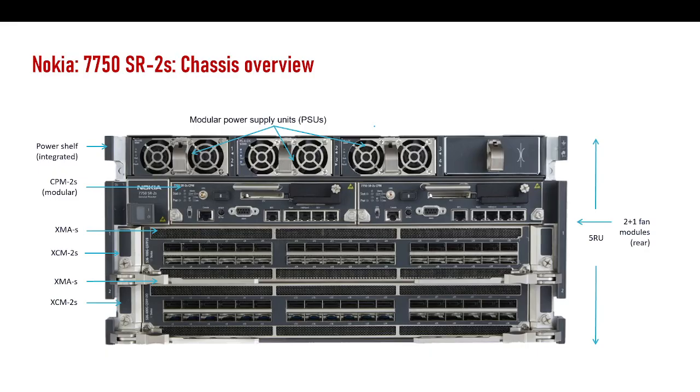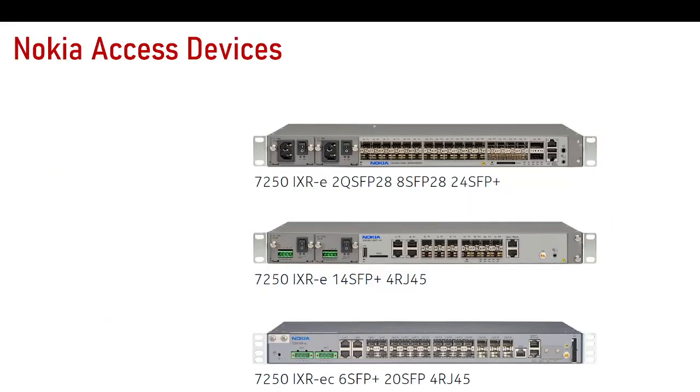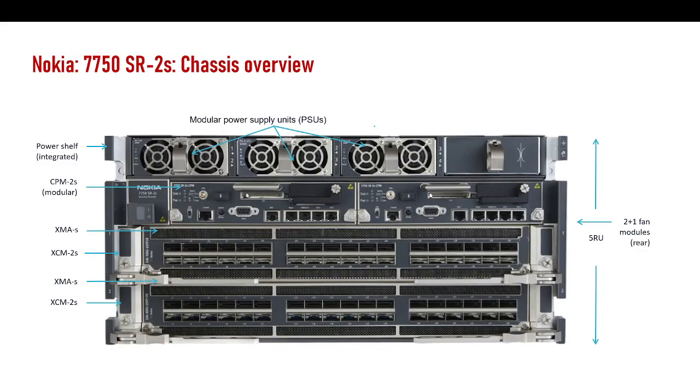So these are the two devices that I'm using as an example for Nokia devices, the IXRs for CSGs and then the 7750 SR2S for the aggregation nodes. This one can be both the ASG and the RSG. And the main reason we normally use the IXRs, you can imagine, even in terms of pricing, the IXRs are slightly cheaper compared to these modular routers.